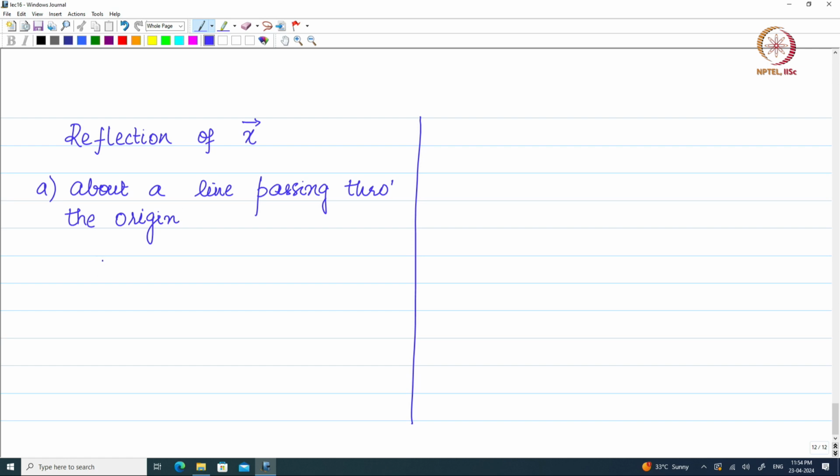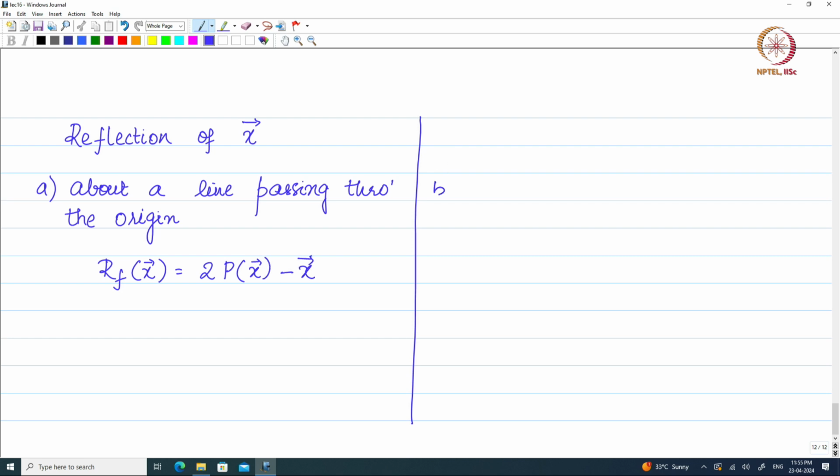That is basically given by r f of x, and we already saw that this was 2 times the projection of the vector x along the direction of u, minus the vector x.